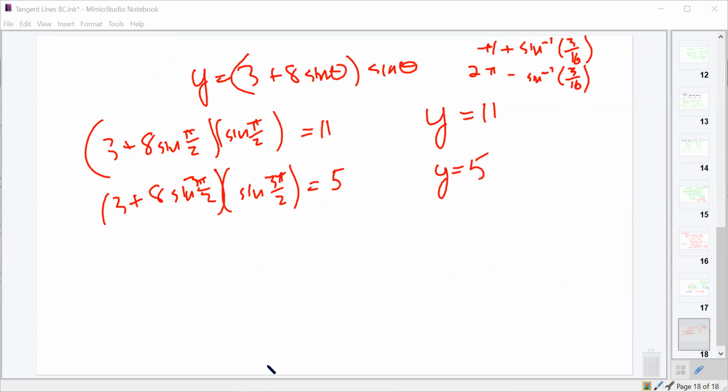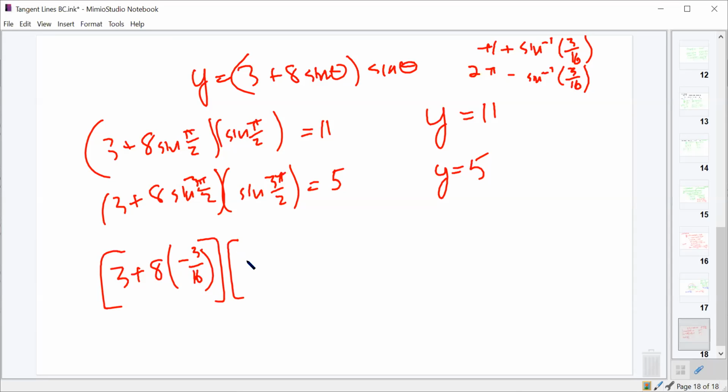And so as we plug those in, we're just going to get y equals 3 plus 8 times negative 3/16 times negative 3/16. And when I do it for the other one, I should get the exact same thing. So this becomes 3 plus, this will become a negative 3/2. So 3 minus 3/2 is 3/2. And 3/2 times negative 3/16 should be negative 9/32.